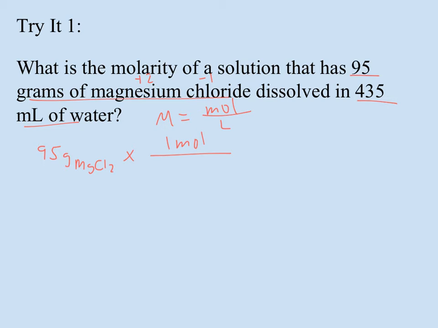So this is going to be 0.435 liters. So 1 mole over 0.435 liters is going to be 2.3 moles per liter, or capital M.